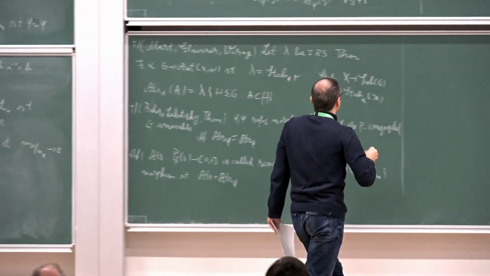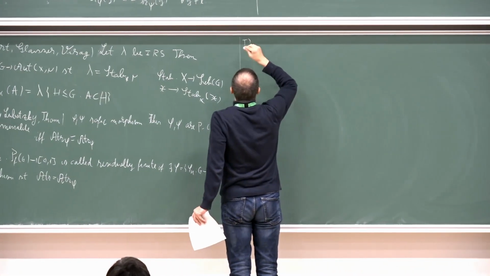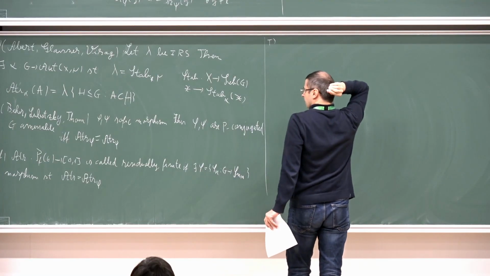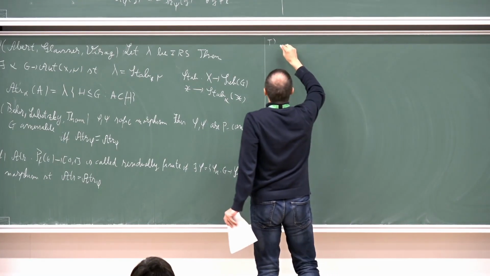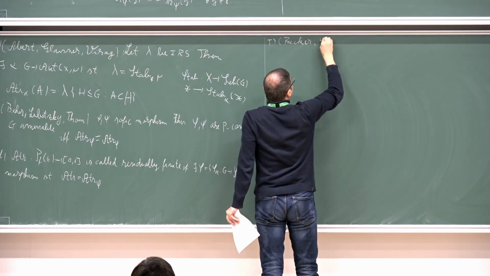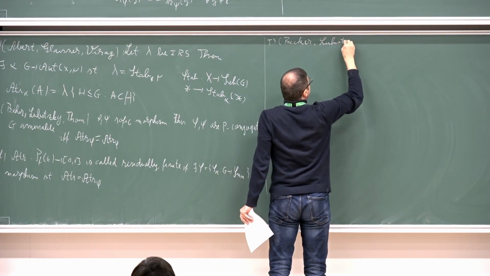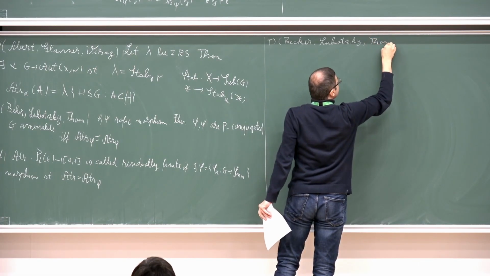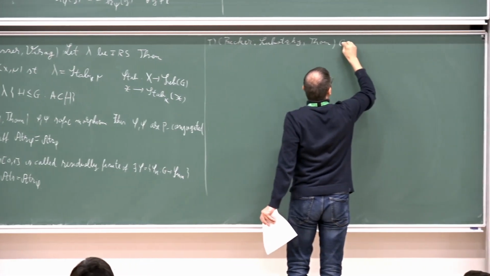Okay. And the characterization of stability for amenable groups. G amenable.